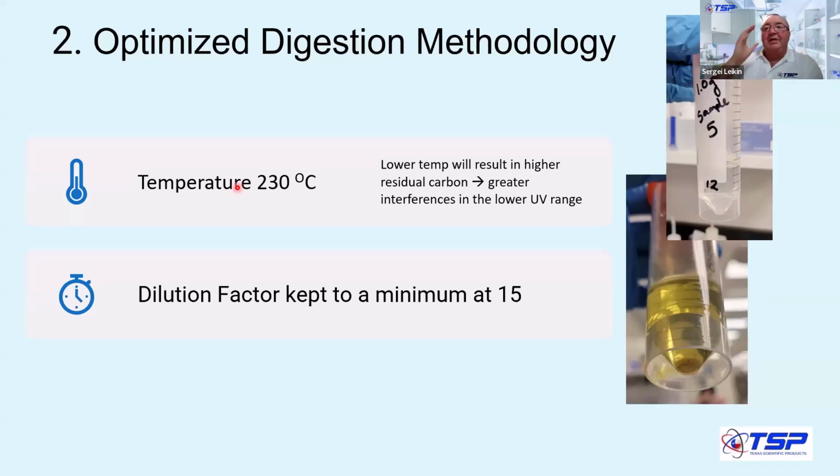We used 1 gram of sample and brought it to only 15 milliliters, instead of 0.5 to 50 or 1 to 100. So we cut the dilution factor. You see here a picture showing only 15 milliliters, 1 gram to 15 mL.